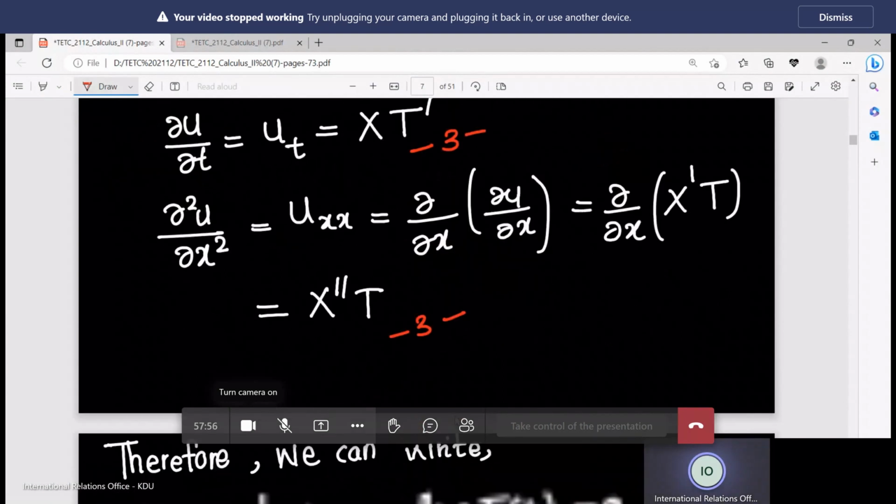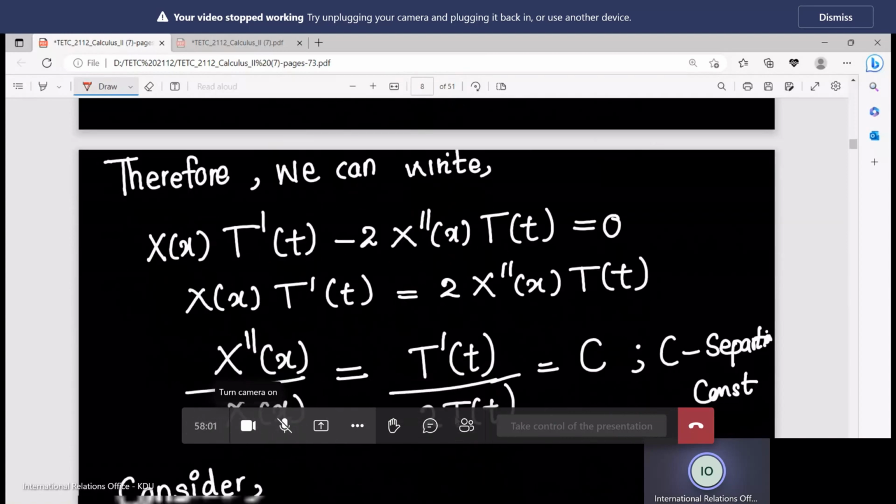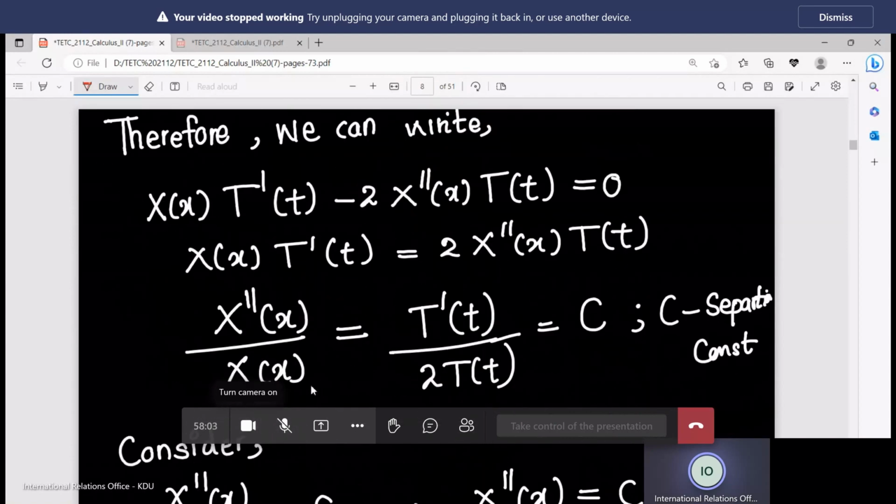And then by substituting these two observations and obtaining this equation with the separation constant, labeling the separation constant is also necessary. To obtain this one, 4 marks and separation constant 1 mark, for the word separation constant. Because it is clearly mentioned in the problem, you have to state it in the answer as well.